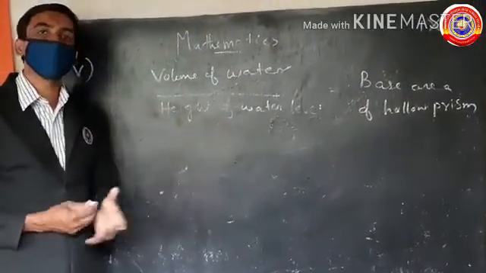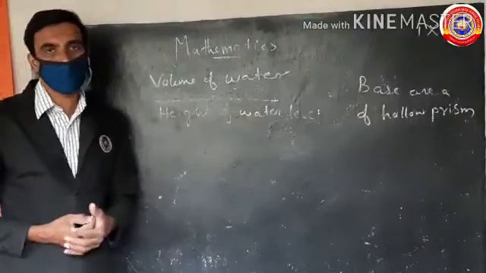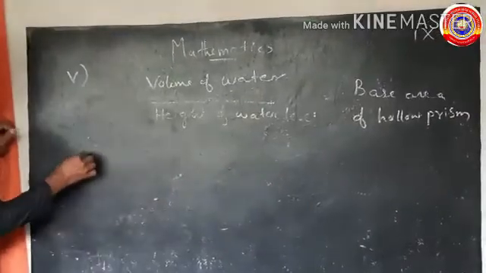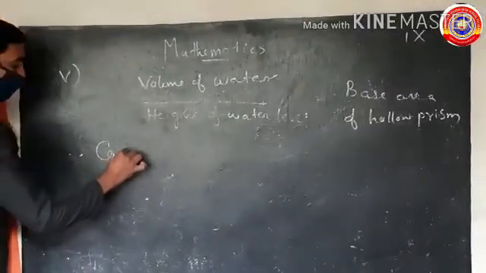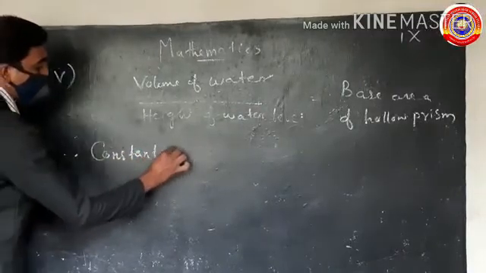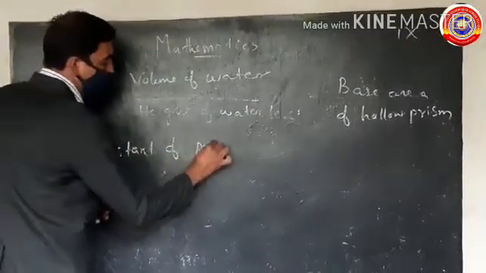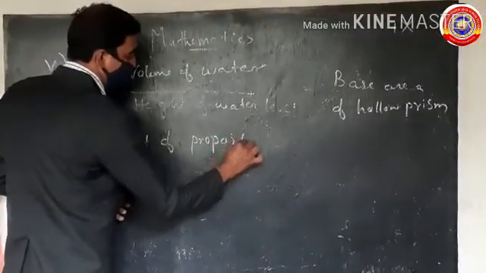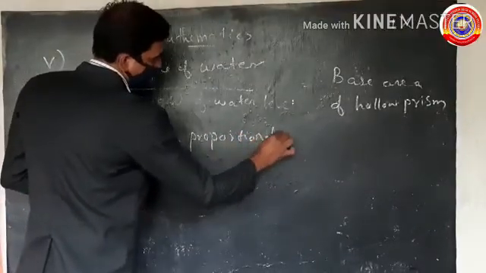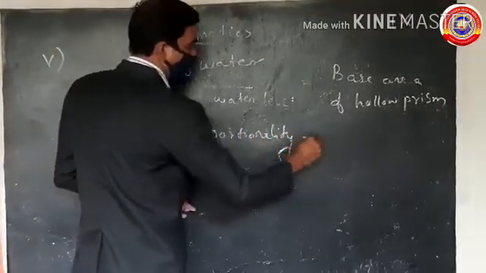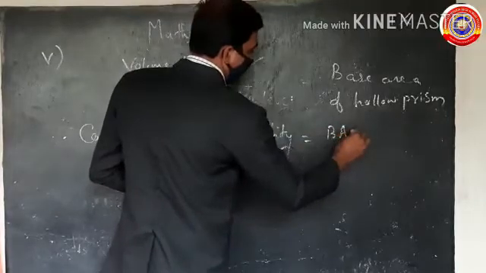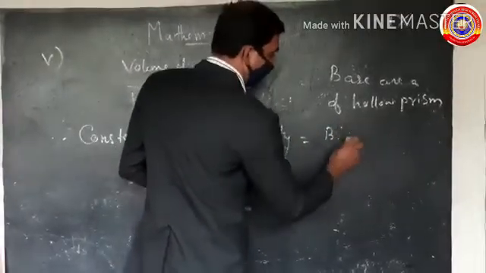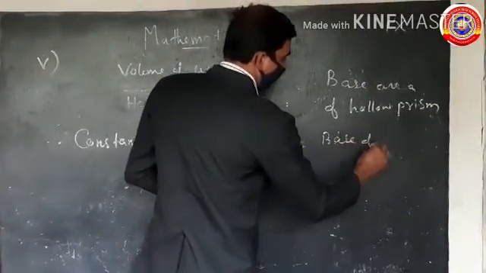Here, the volume of water poured into a hollow prism is proportional to the height of water level. Therefore, the constant of proportionality is the base area of the hollow prism.